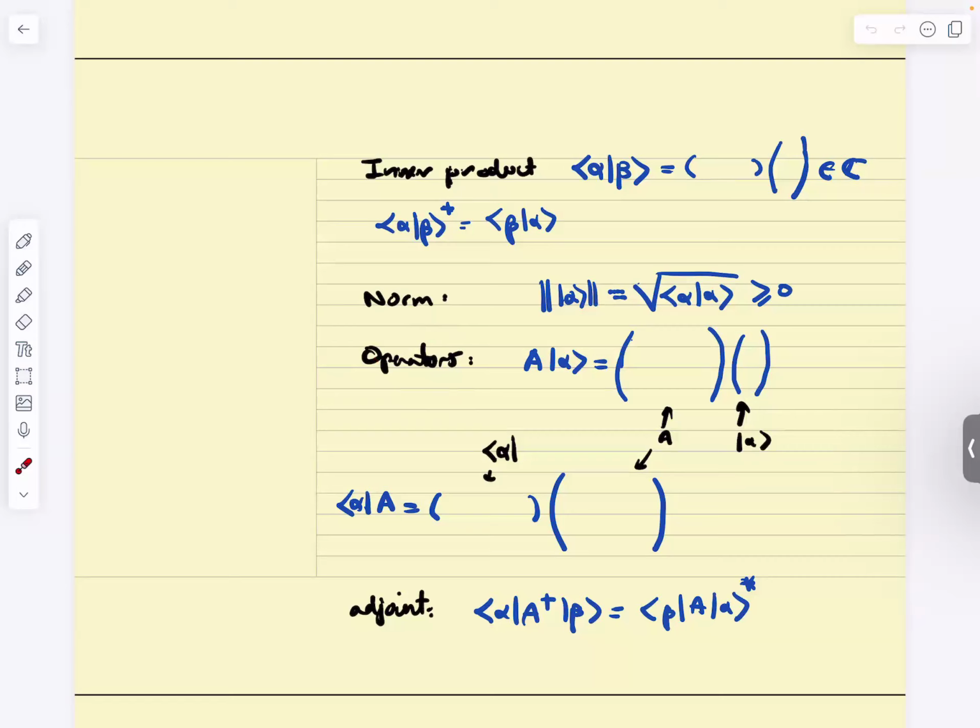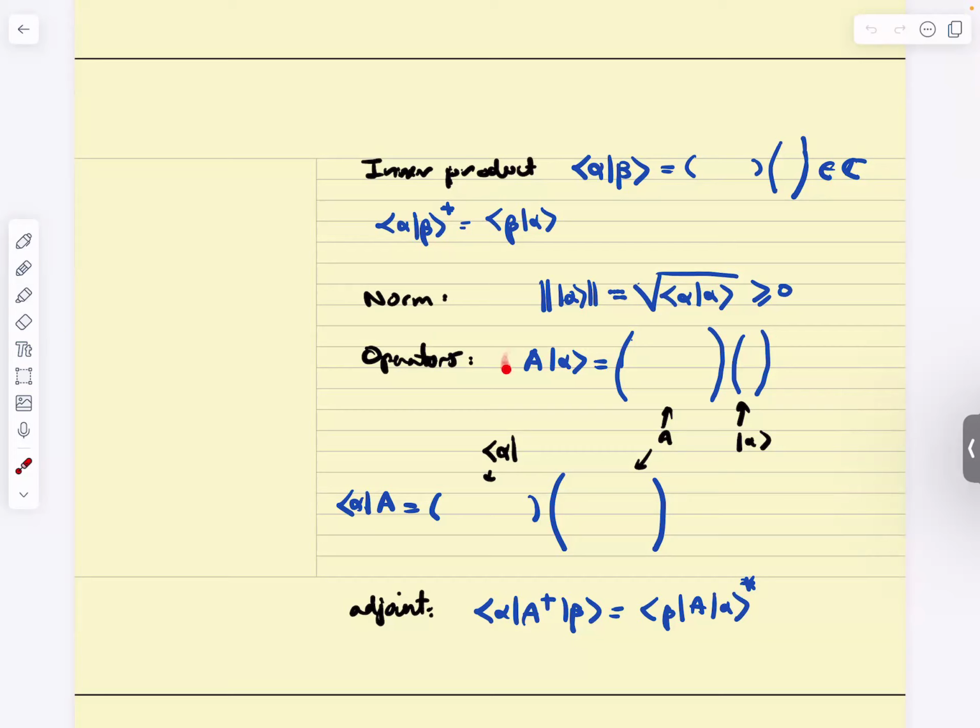We talked about linear operators. In this course, and basically in quantum mechanics, we only talk about linear operators. Linear operators means that they act on kets and just numbers come out and they just multiply. Matrix multiplication is precisely the manifestation of the fact that these are linear operators, if you recall from your linear algebra courses.